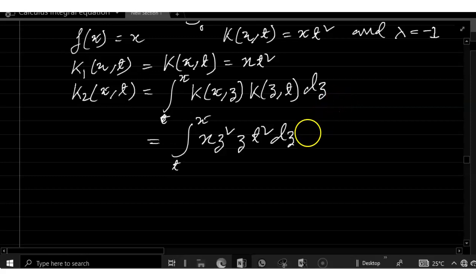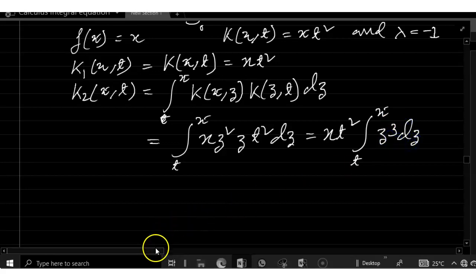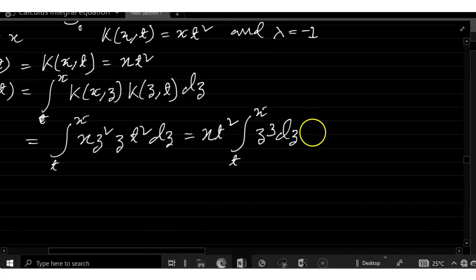That equals to x t whole square into z cube dz, equal to x t square into x minus t.